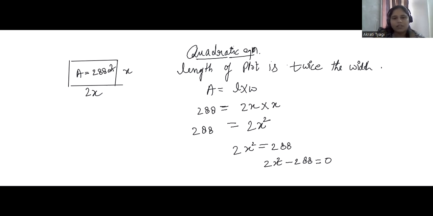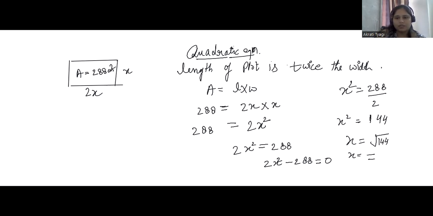So how can we solve this? Since 2 is multiplied here, we can write x square equals 288 divided by 2. So x square should be 144, or x should be root 144, and x equals plus minus 12.